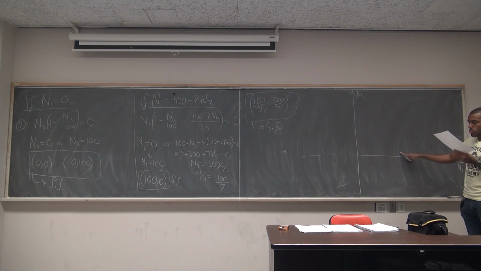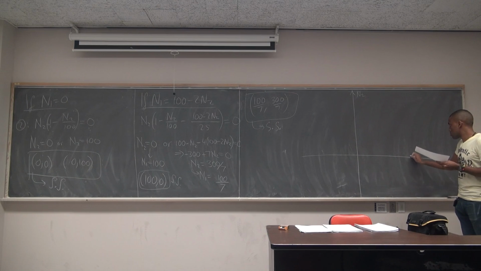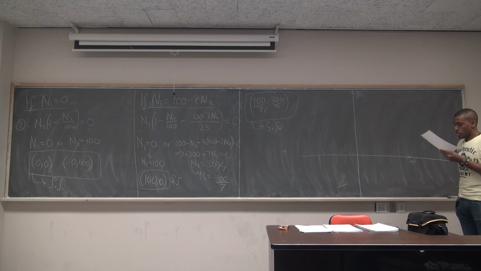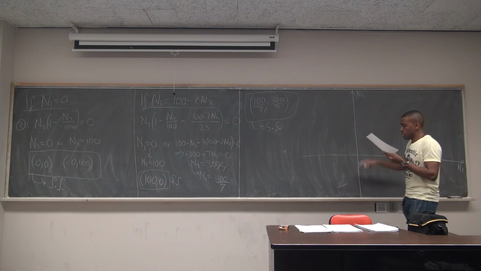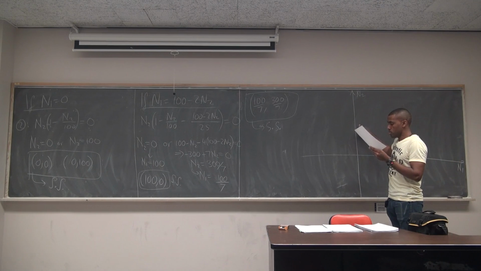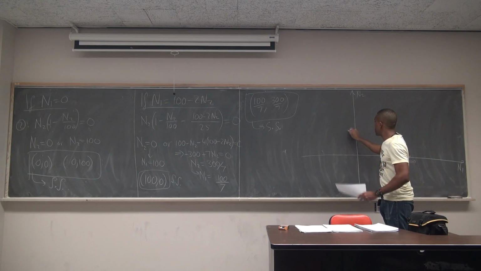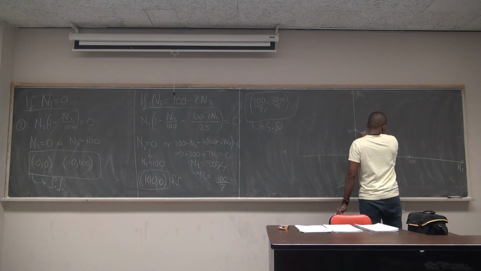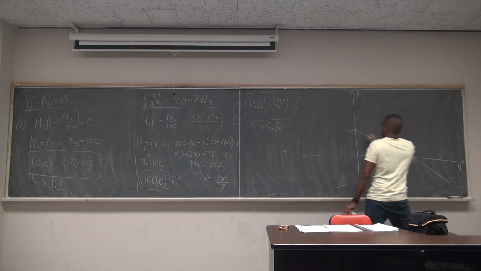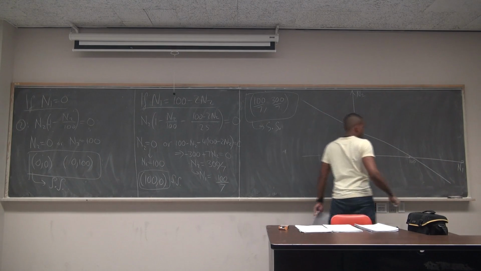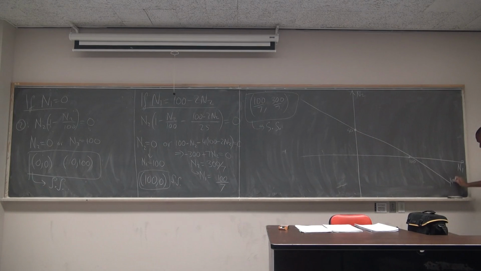For the n1 null, when n2 is 0, n1 would be 100. And when n1 is 0, n2 would be 50. So now I connect those two with a line. This is the n1 null.